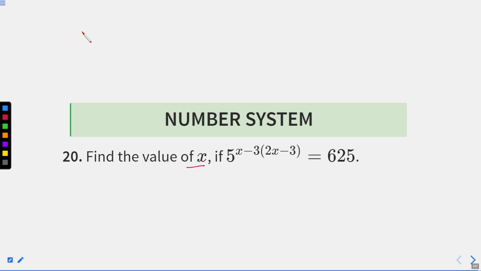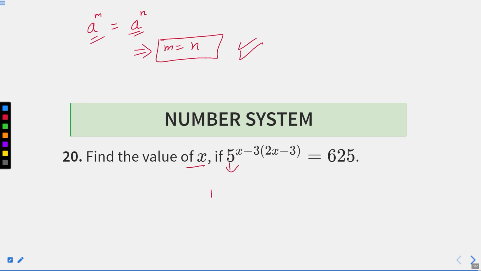Please recall the laws of exponents. For example, if we have a^m equal to a^n, then it must have m equal to n. So this must always be true.